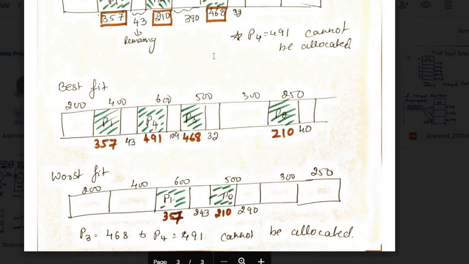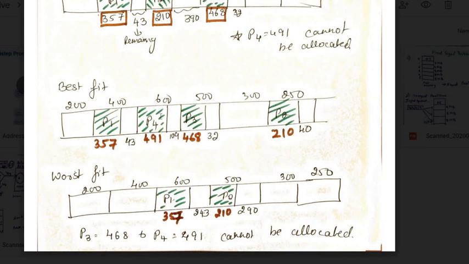Okay, next P3 is what? 468. So see which is the nearest. So according to that, when I use a partition 500, 468 can be allocated to it. Okay, so when I allocate P3 here, the remaining partition is 32, which is not again a much wastage here.